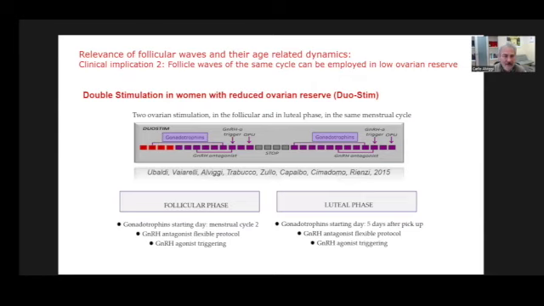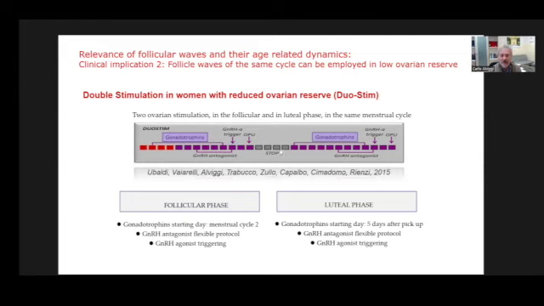This is another example, the so-called dual stim. You can see here that the stimulation is started during follicular phase with agonist triggering. We have oocyte collection 35, 36 hours after triggering.